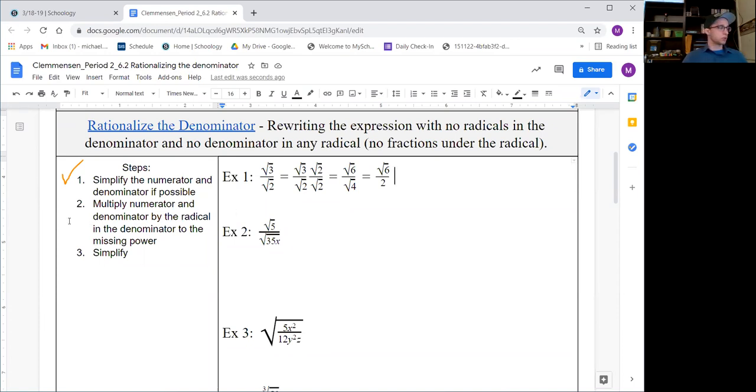I will tell you this, it is always a good idea to try and simplify as much as possible, because when you simplify early, it makes the problem much nicer. It makes the numbers smaller and easier to deal with. Like right now, if we were to multiply before simplifying, we would get 35 times 5, which is 175.